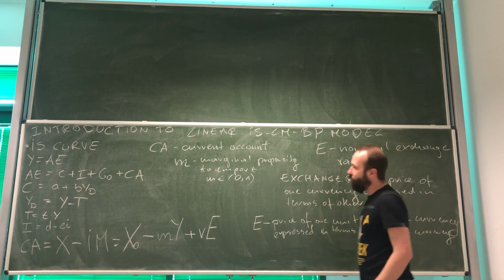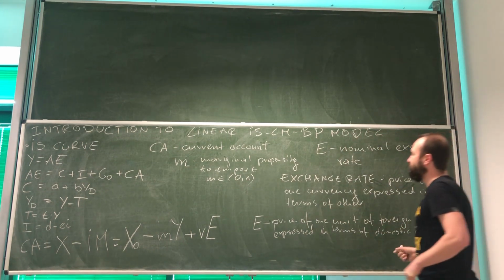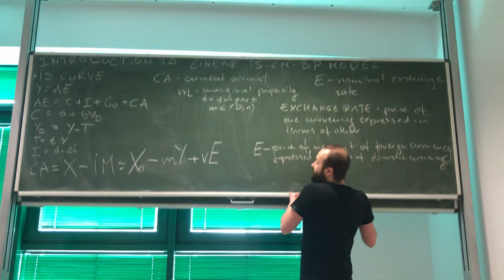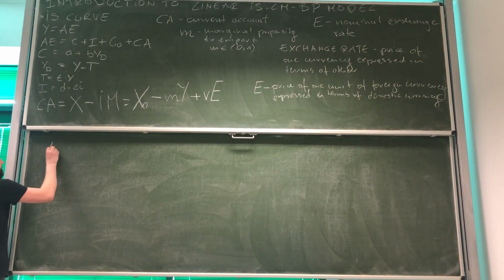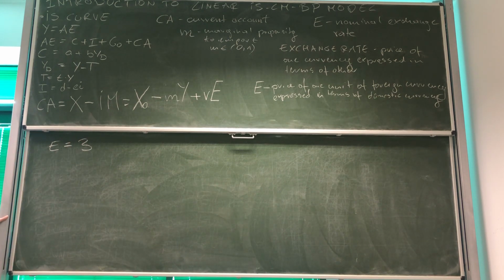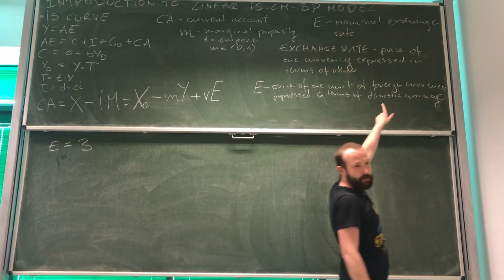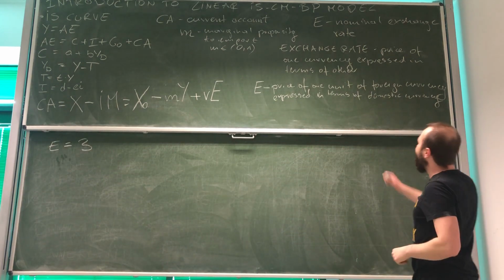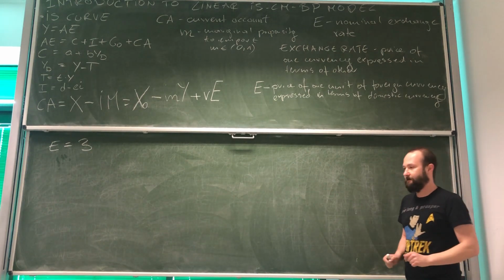Okay, and look, what is this telling us? Look, if the exchange rate, in our case, is for example 3, it means that in order to purchase 1 unit of foreign currency, I will have to pay 3 units of domestic currency.